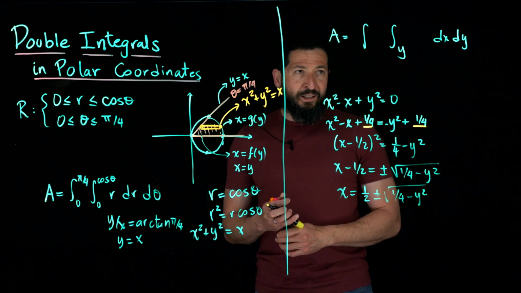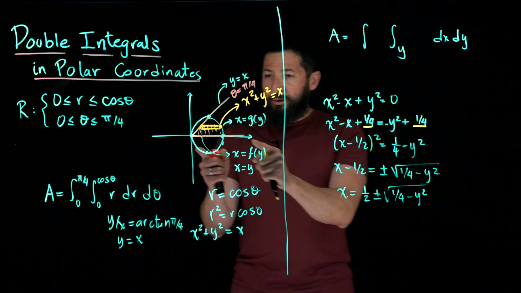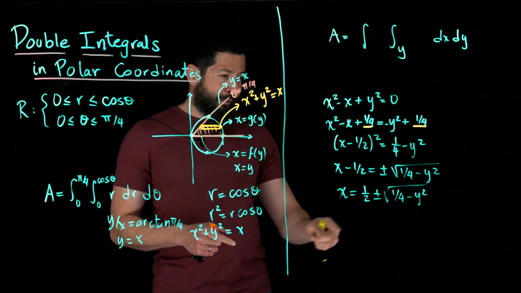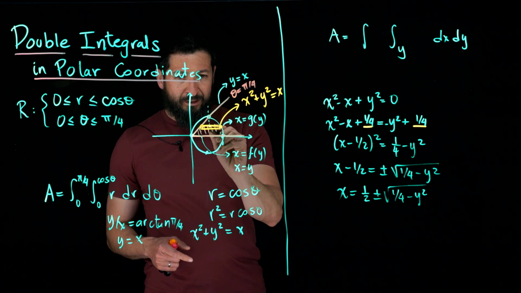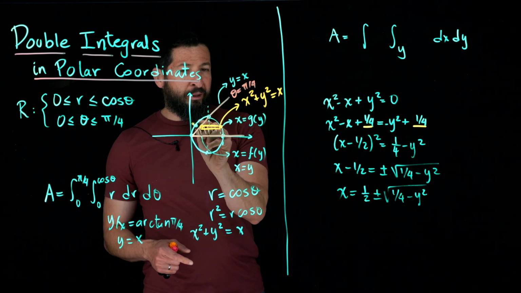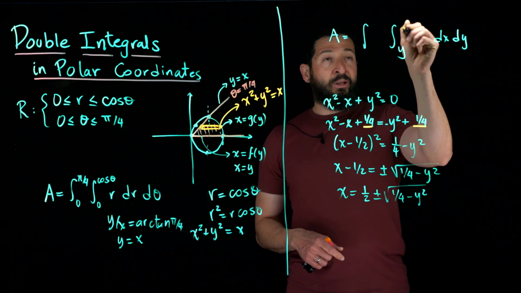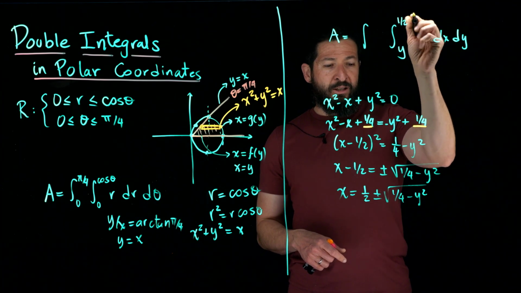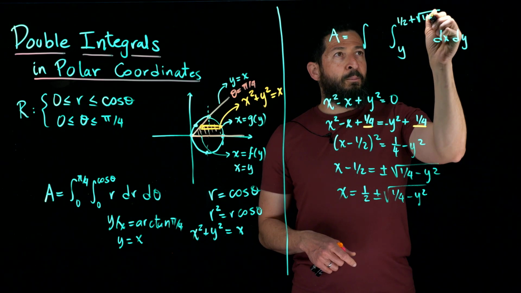That gives me my two possibilities for the x value. However, notice that the plus side of that solution is going to be this, and the minus side is going to be this one right here. I don't care about the minus one, I care about the plus one. So we're going to write it as 1/2 plus the square root of 1/4 minus y squared.